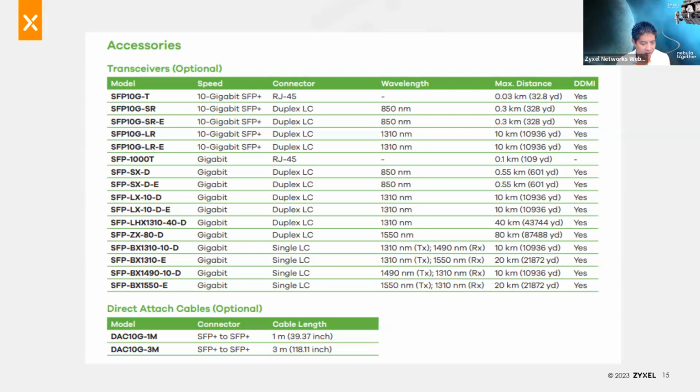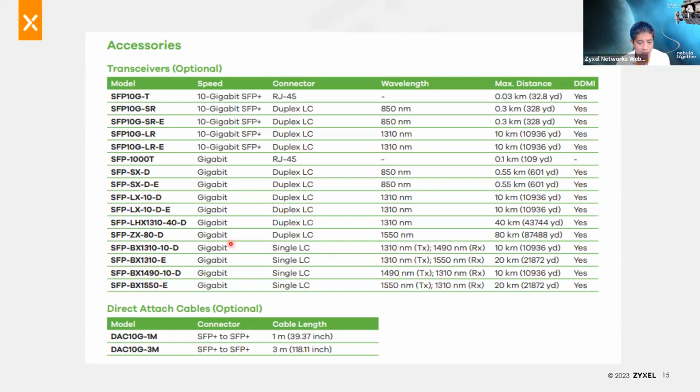Since this is Switch 101, I want to make sure I covered this because sometimes people don't realize that. So the BX 1310, you'll see that the transmit is on 1310 nanometers, and the receive signal wavelength is on 1490.